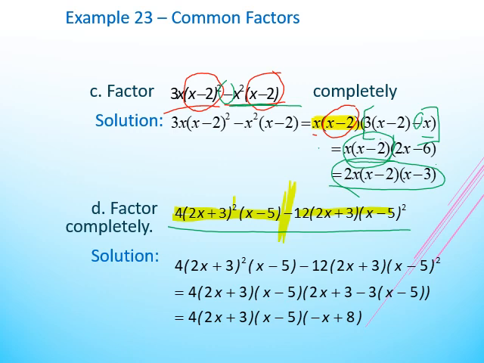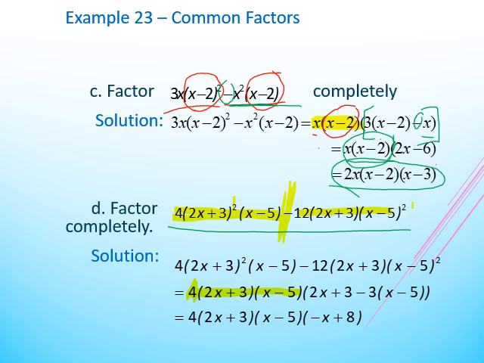We will take the least value as a common factor, 4. Then we have (2x plus 3) squared and (2x plus 3) only, so we take the least, (2x plus 3). The third factor is (x minus 5) and (x minus 5) squared, so we take the least, (x minus 5) only.